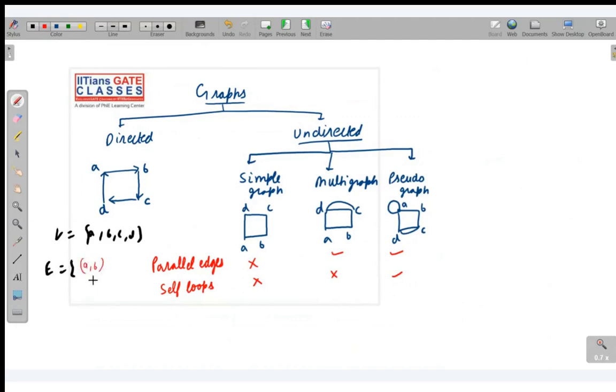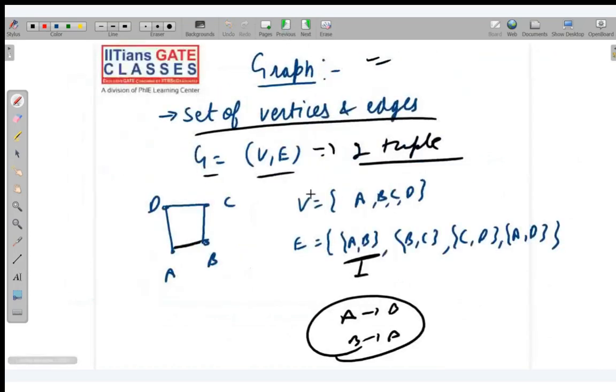Circular bracket means it is an ordered pair. So from A to B we have an edge, then from B to C we have an edge, then from C to D we have an edge, and from D to A we have an edge. Are you getting it? So edges are written like this, and here we have written AB, because there was no direction.